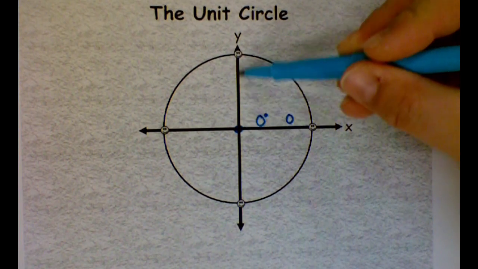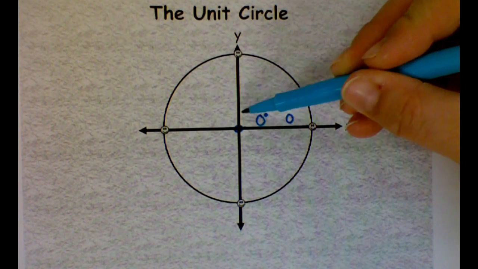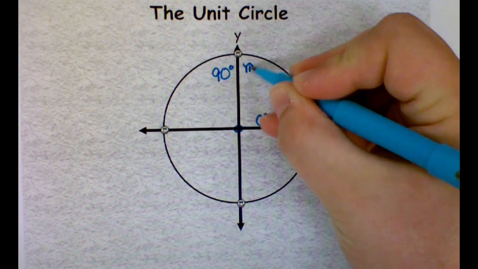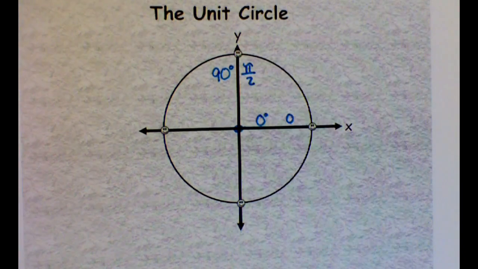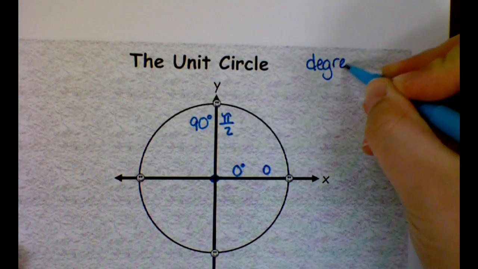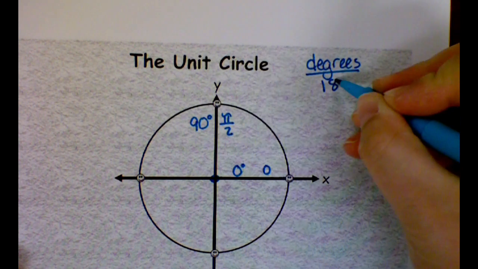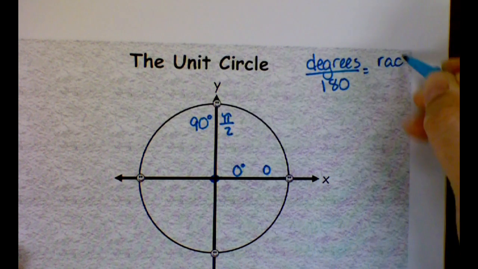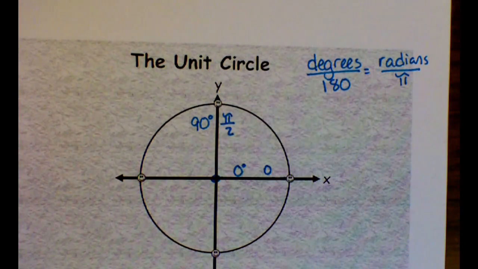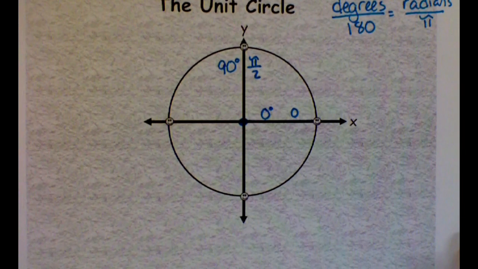If I go straight up, that opened 90 degrees. And 90 degrees is pi over 2 radians. Remember, we can get that by taking degrees over 180 equals radians over pi. We could do the conversion every time if we need to, or we could have remembered that one.